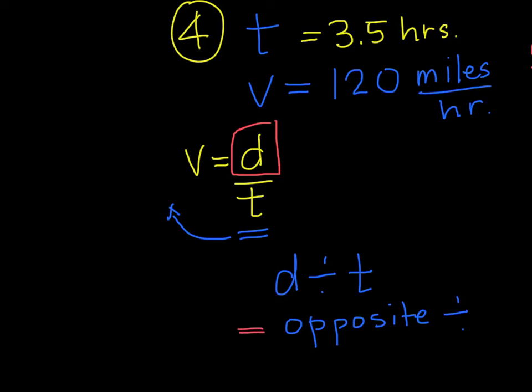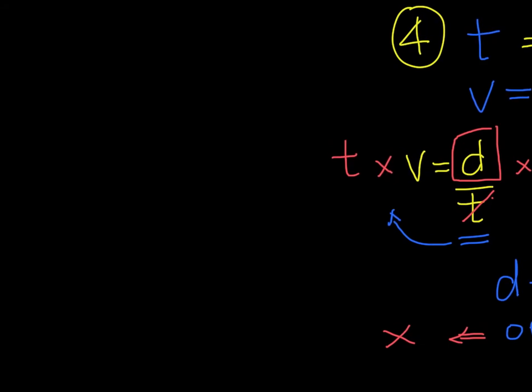Well, it's multiplication. So if I multiply this side times time on both sides, it cancels, doesn't it? But what I do to one side, I have to do to the other. So what do I have? I have distance equals time multiplied by velocity.